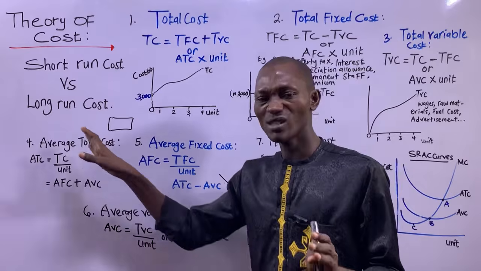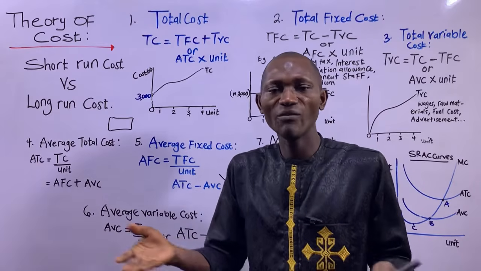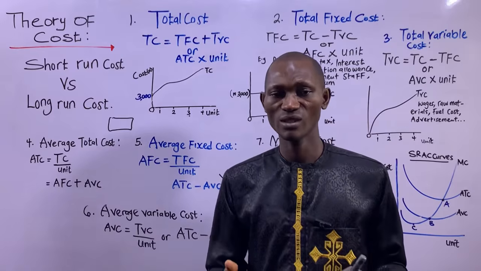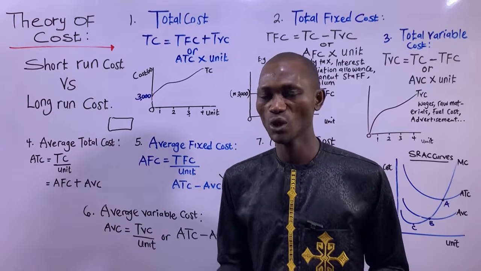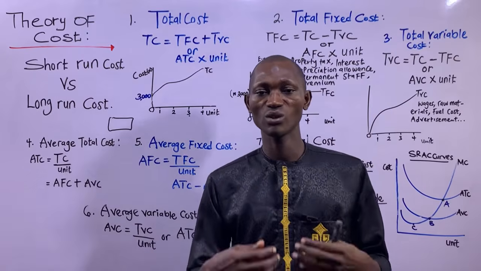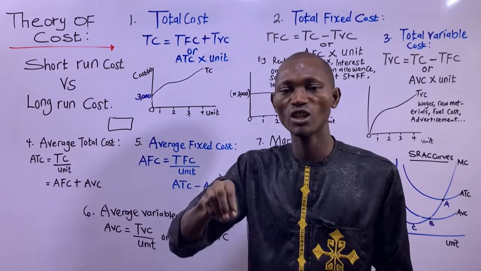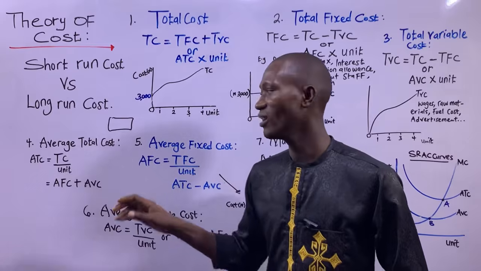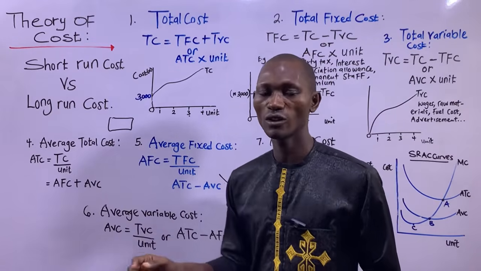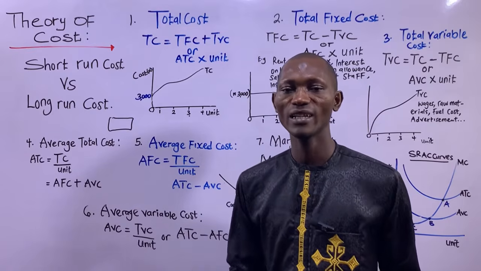So what it means in the long run is that the firm can vary the various resources it employs into production. Because the firm can vary all the resources employed into production, the cost incurred on each of those resources is considered variable. So in the long run, all costs are considered variable.